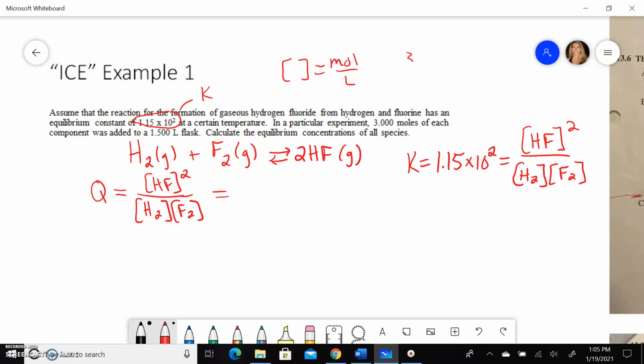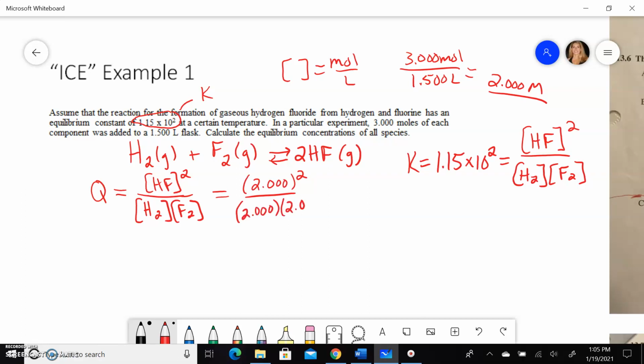So for each one of these, we had 3 moles in a 1.5 liter flask, which means each of these are at 2 for the molarity. So we're going to use 2 for our concentration. So we plug it in for each component. 2 squared is 4, and 2 times 2 is also 4, and 4 over 4 is 1. So now we know that Q is equal to 1.